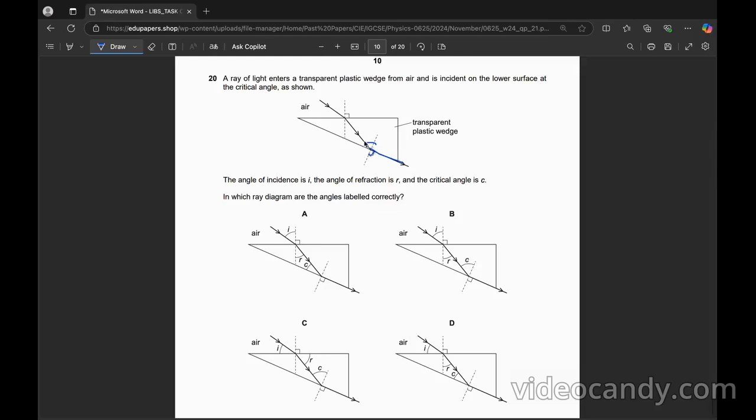So this is the angle of incidence, in other words, the critical angle. So you would want to choose from B and C. And you have to look at the angle between the ray and the normal, not the surface. The normal is there for a reason, because we want to determine the angle of incidence and reflection. So that would be B.